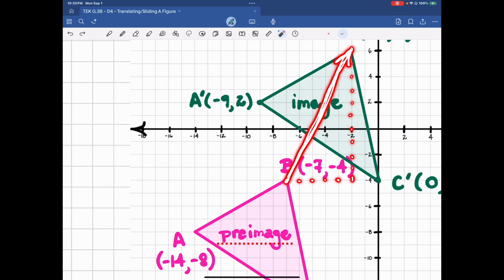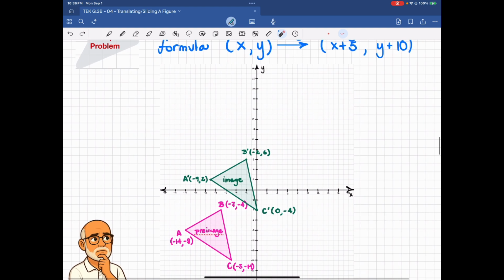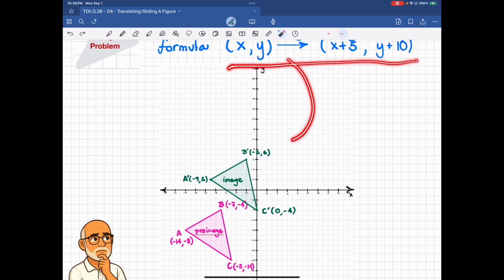Now notice, all of these have to be the same distance, over 5, up 10. When I do that to each of the points, when I follow my formula right here, I end up getting my new image at these locations, A prime, B prime, and C prime.